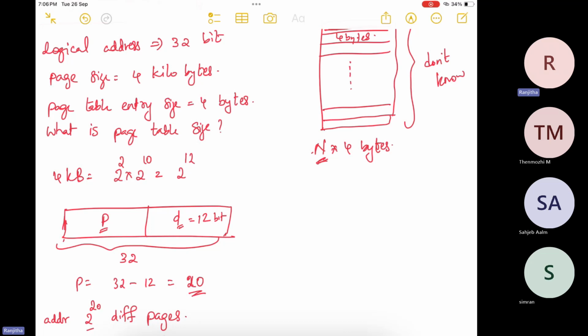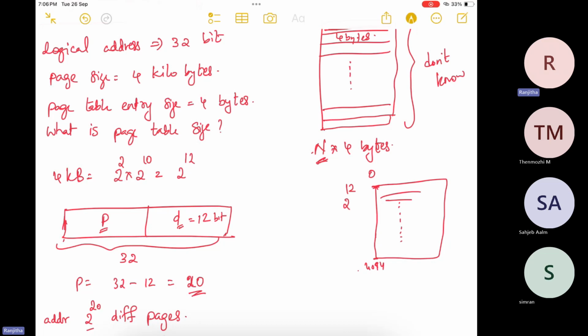Okay, so when we say pages of 2 power 12, it will start from 0 and the last address will be 2 power 12 minus 1. What will be that value? 2096, I think, or 4094.